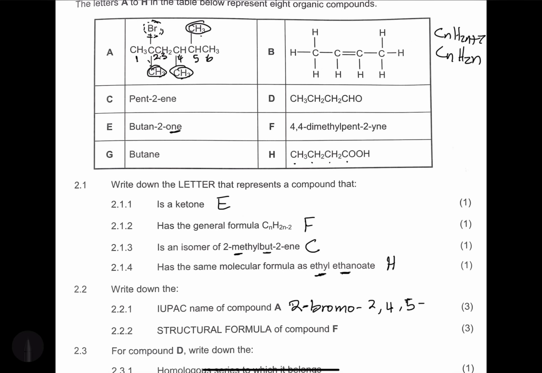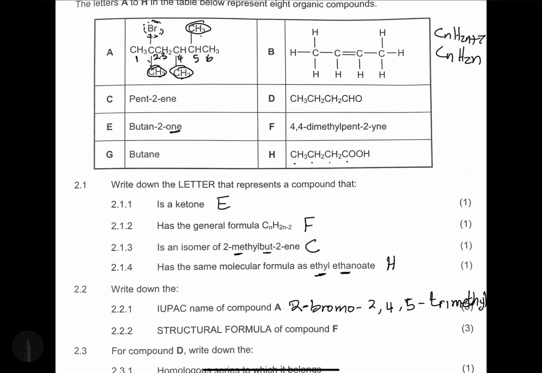Remember, when I see 3 numbers next to each other, it means that they all represent the same thing, right? So how many do we have? We've got 3, so this is trimethyl. Sorry that it spills over like that. Okay, so 3,4,5-trimethyl.